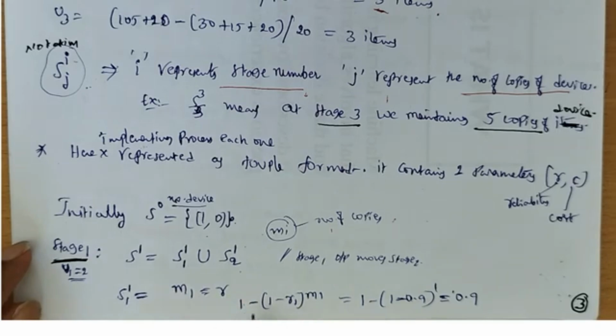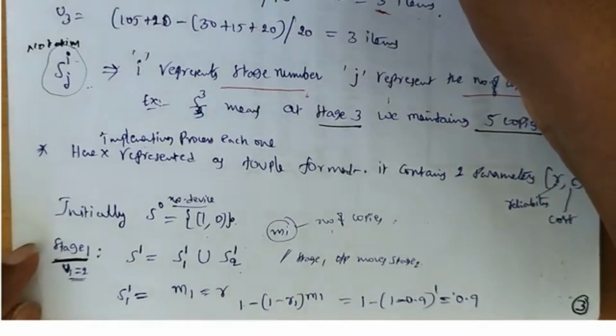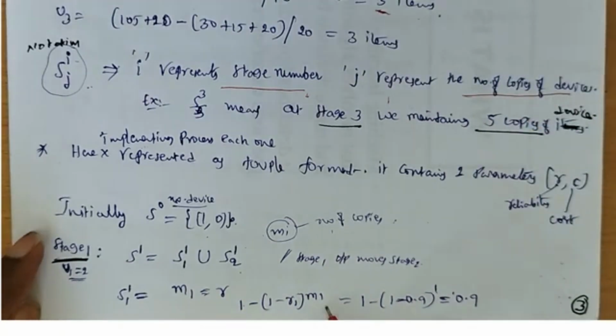The formula is 1 minus r1 whole power m1, that is 1 minus r1 value 0.9, the reliability, whole power m1 value 1. So that equals 0.9.